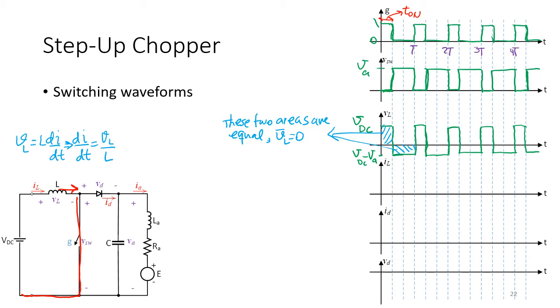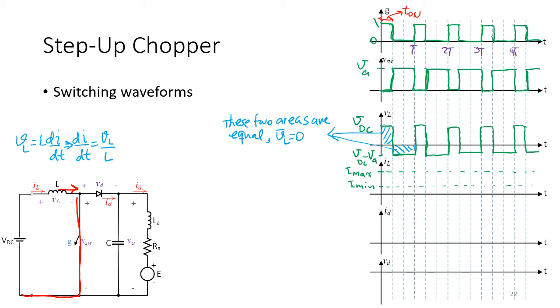So if we have Imax here and Imin here, then during the first interval, the voltage is positive across the inductor.